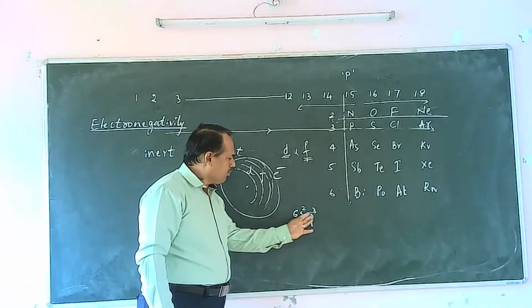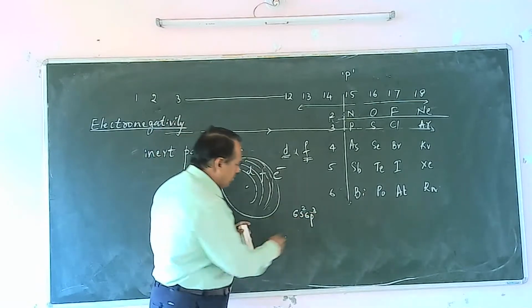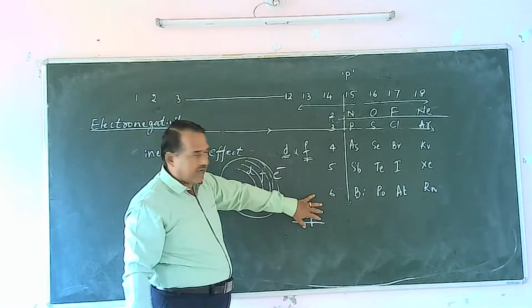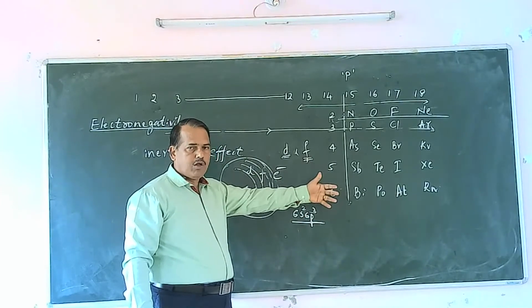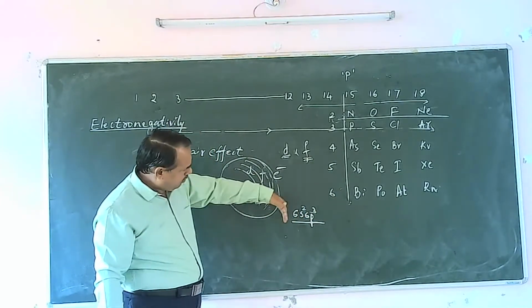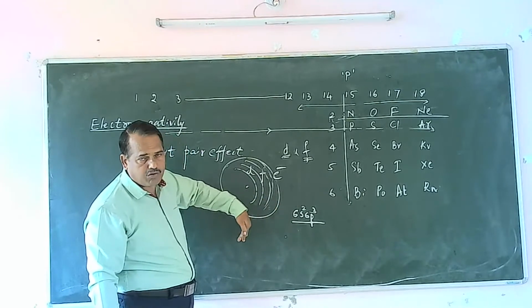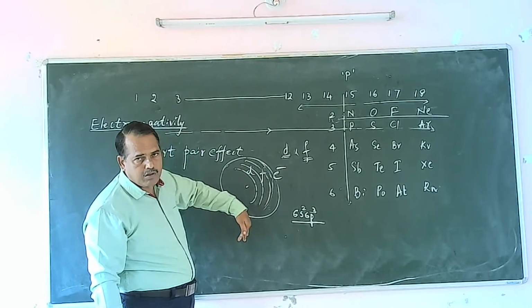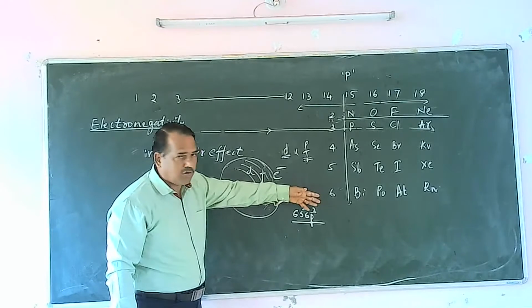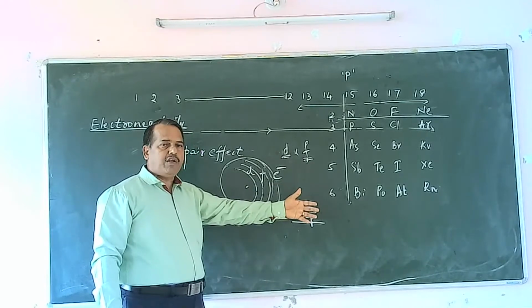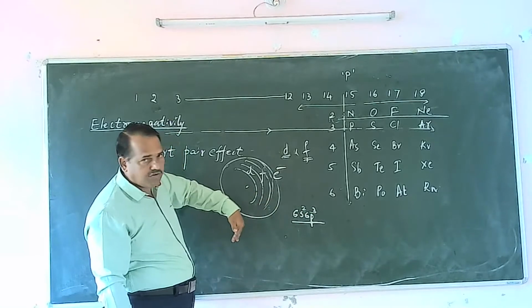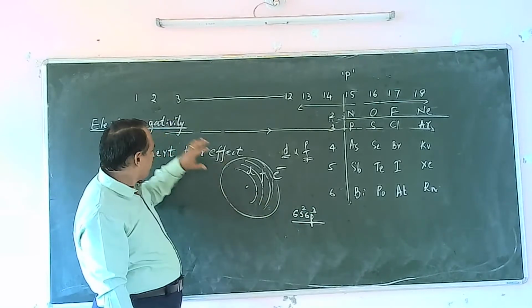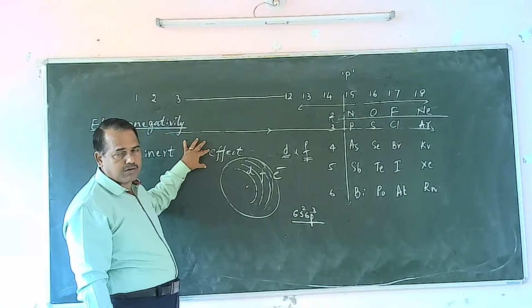As outermost shell electrons, these cannot easily participate in bonding due to the presence of inner core electrons. That particular effect is called the inert pair effect.